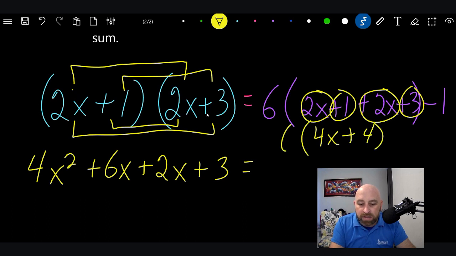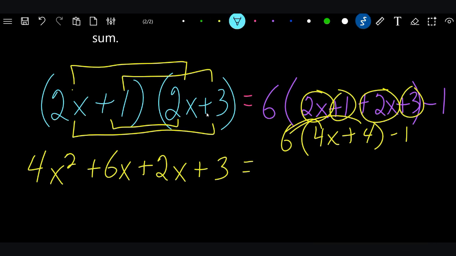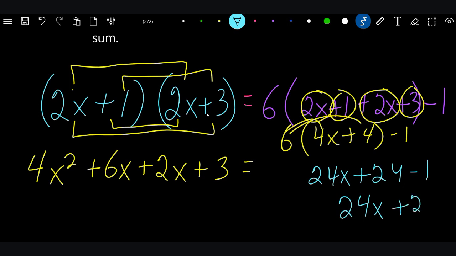And don't forget that is 6 times that minus 1. So now we would multiply that through, and that's going to give us 24x plus 24 minus 1, or 24x plus 23, combining my like terms.